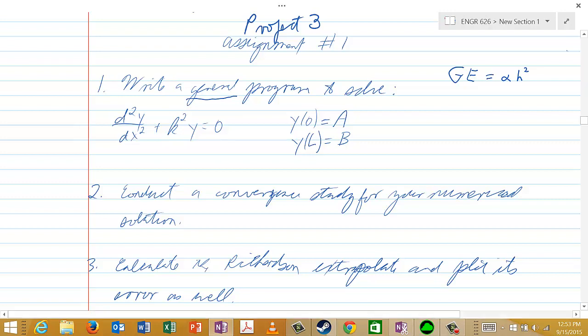But to really help us see how things are working, that will be the first graph, and then for the second graph, take the logarithm of each side of this equation, and we will get log of alpha plus 2 log of H. So I want you in the second graph to plot the log of the global error versus the log of H, and you should get a straight line of slope 2. So plot both of those plots, and that will conclude the first part of project 3.